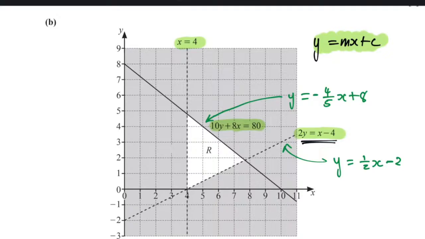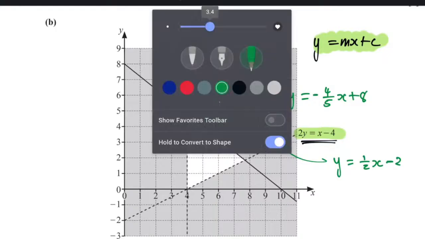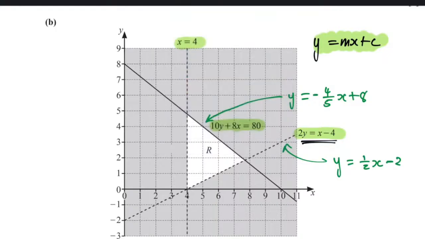So now, can you tell me what the inequalities will become? This is a solid line. This is a dotted or dashed line. This last one is again a dashed line.